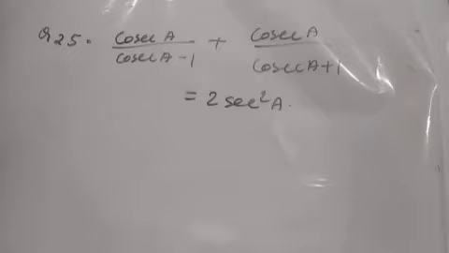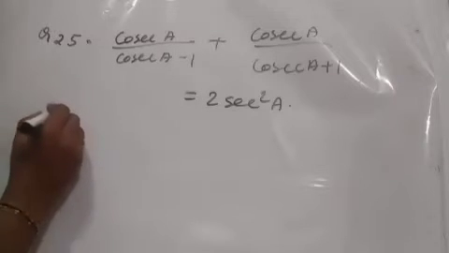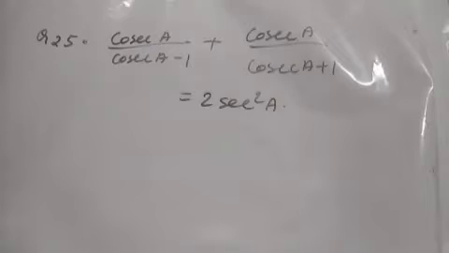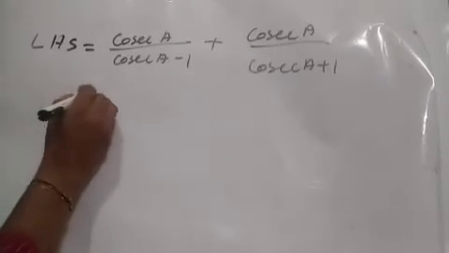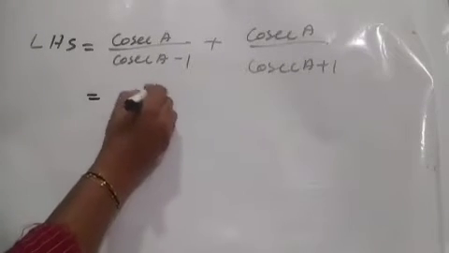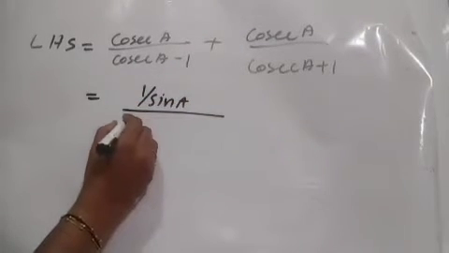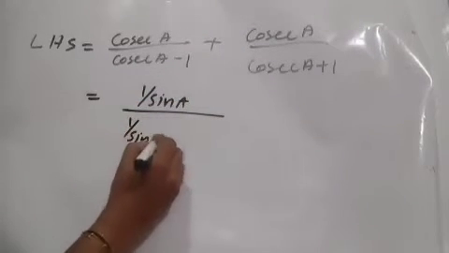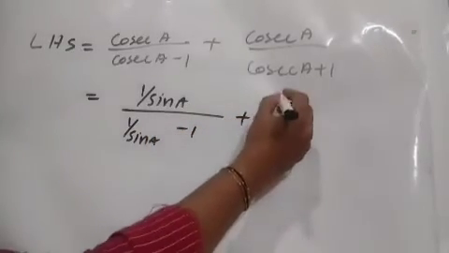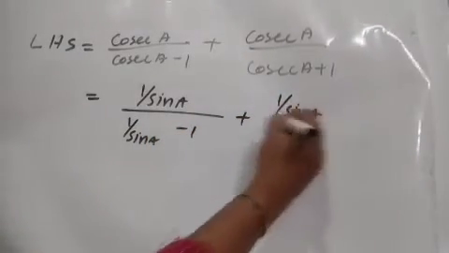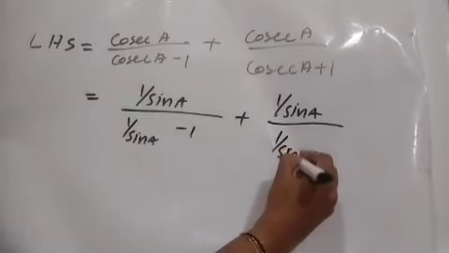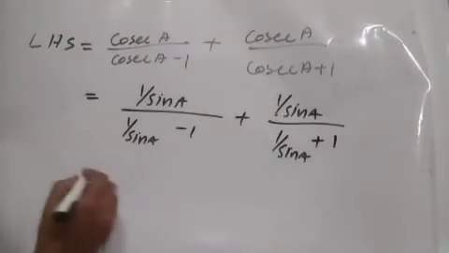Question 25. Cosec A by cosec A minus 1 plus cosec A by cosec A plus 1 gives 2 sec square A. Let us take the LHS. Cosec A, we can replace that as 1 by sin A. Reciprocal of sin A is cosec A. Here also, 1 by sin A minus 1, plus 1 by sin A by 1 by sin A plus 1.